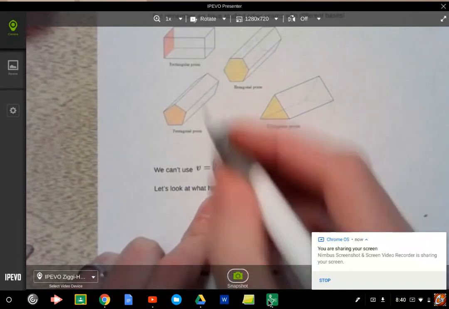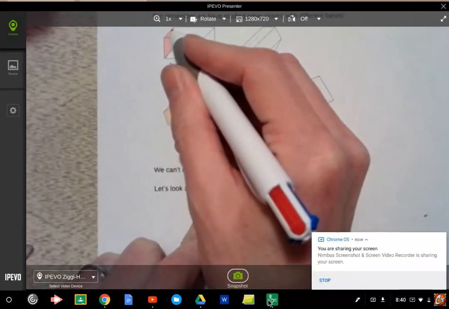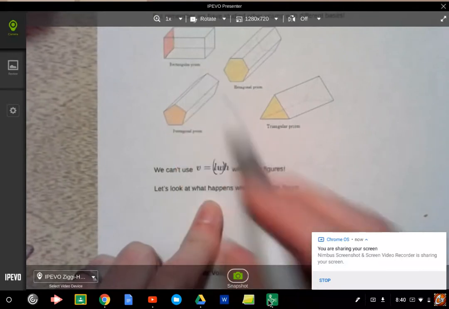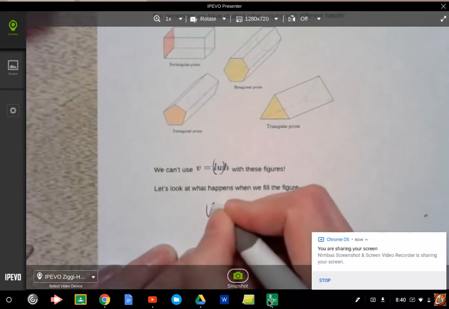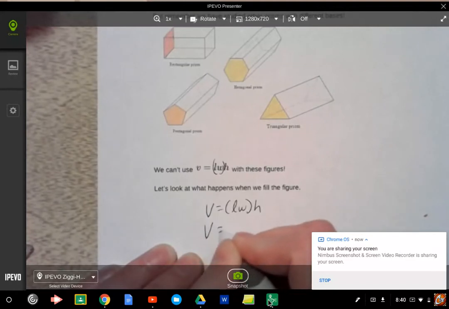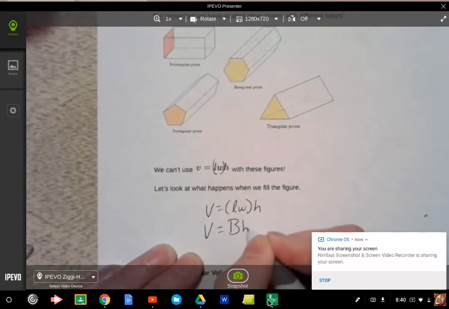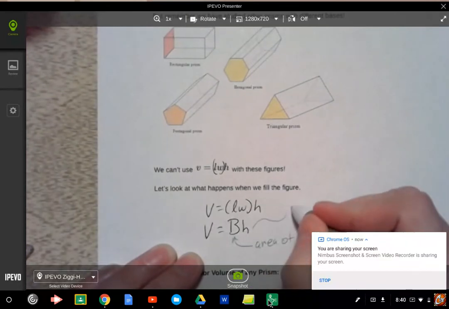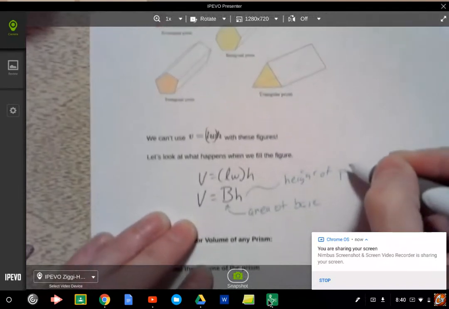The length times the width is the area of the base of one of these rectangular prisms. So the volume of length, width, height really becomes the area of the base times the height. Remember that this B stands for area of the base. And this H is the height of the prism. Whoops, I ran off the screen there.